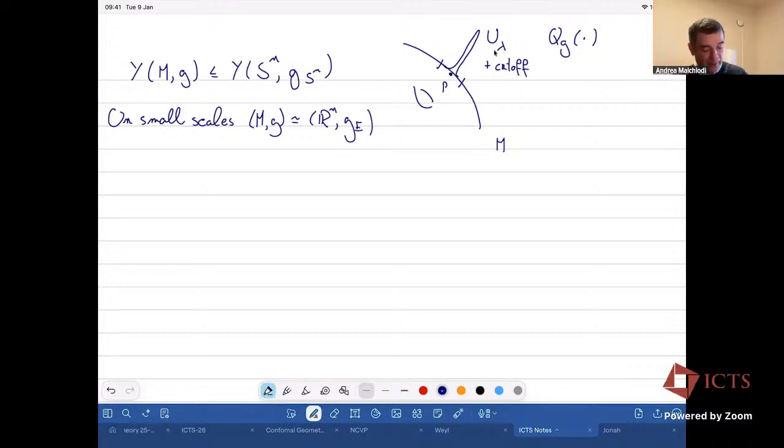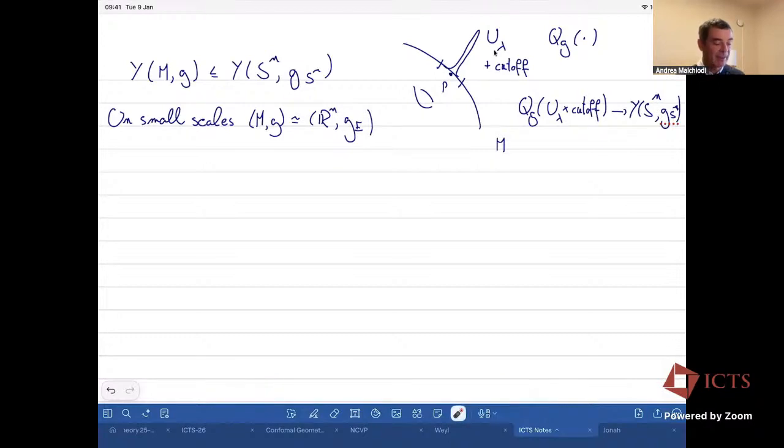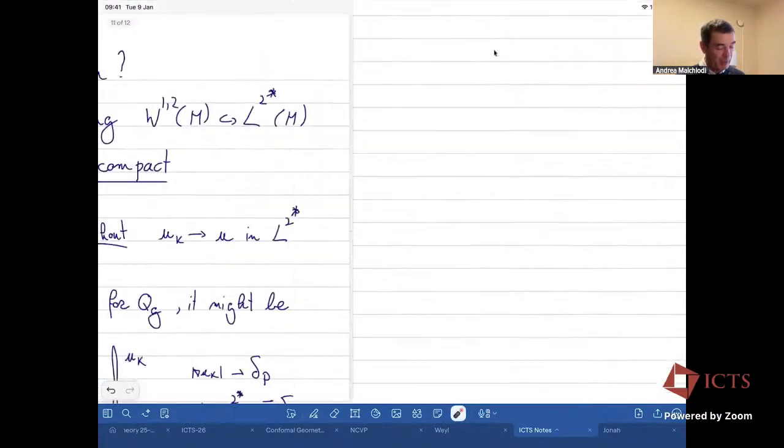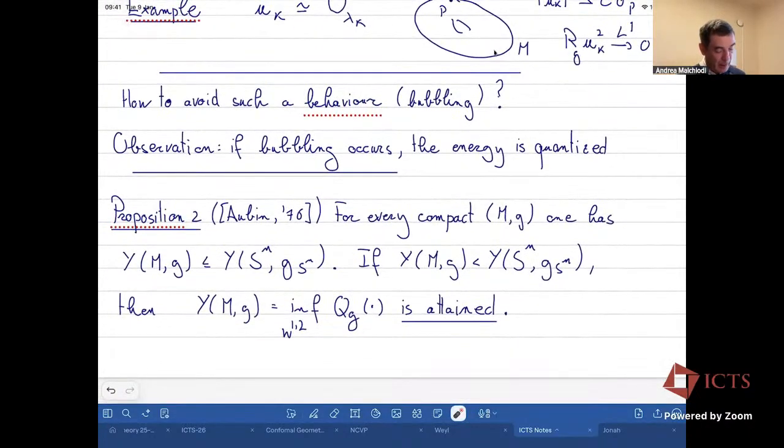So you can prove that Q_g of u_lambda times a cutoff converges to the Yamabe constant, the Sobolev constant of R^n, which coincides with the one of the sphere. Therefore, it's rather easy to prove the weak inequality. But the previous proposition, proposition 2, requires the strong inequality.